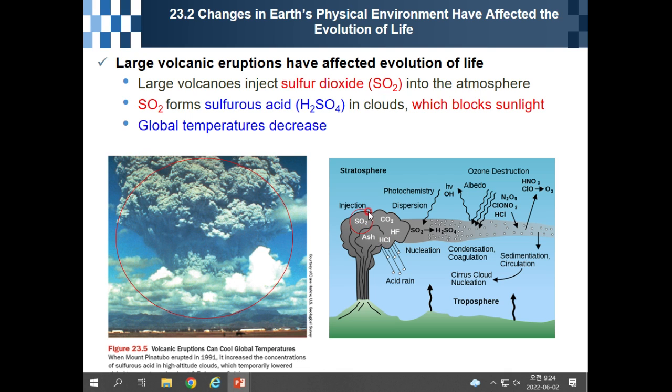After that, SO2 reacts with H2O and makes H2SO4, so they form sulfuric acid in clouds. Sulfuric acid blocks the sunlight, so sunlight cannot penetrate the clouds. It means the global temperature decreases, so very cold. Large volcanic eruptions have affected the evolution of life. Finally, because the global temperature decreased, a lot of animals died.